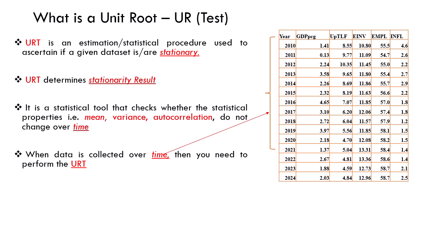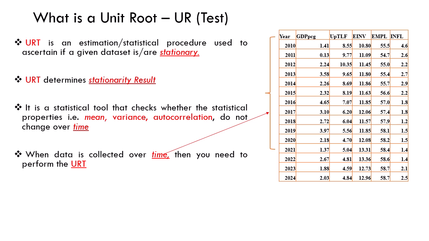So in that wise, what is a unit root test? A unit root test is a statistical procedure that is used to ascertain if a data set is stationary, whether in the long term it returns back to its original mean.